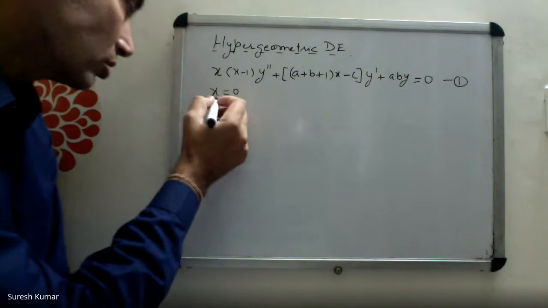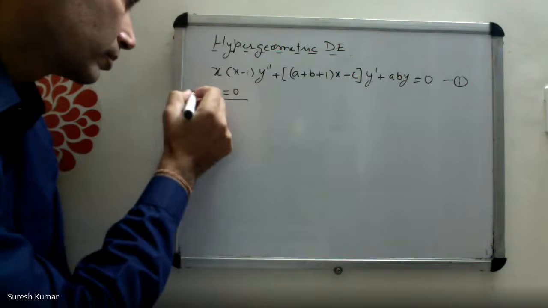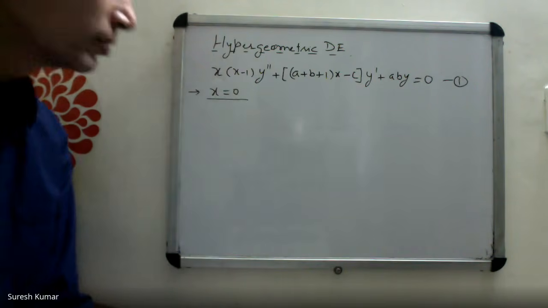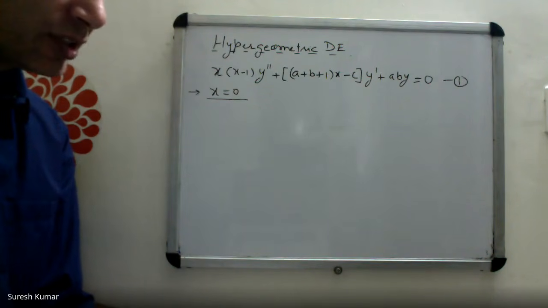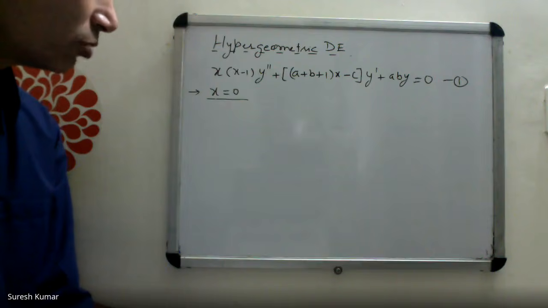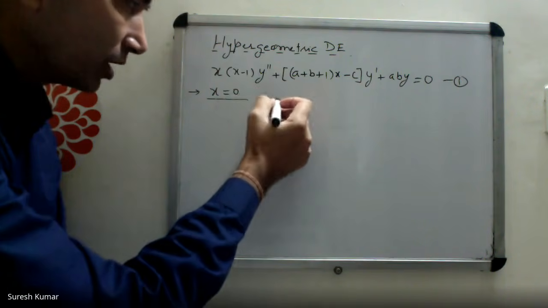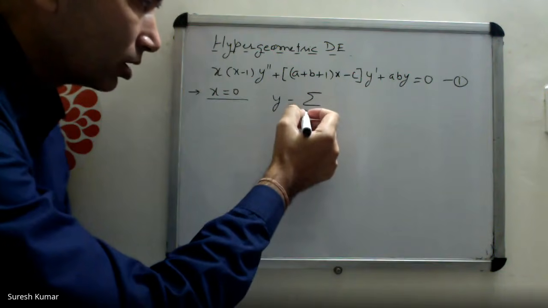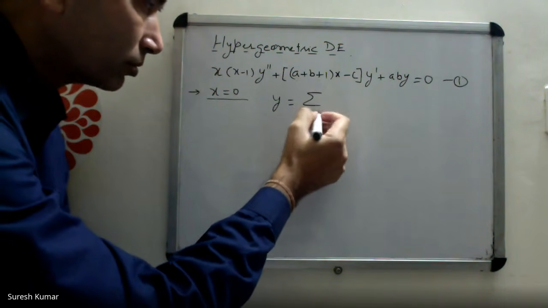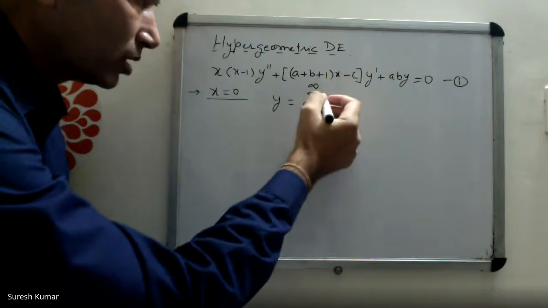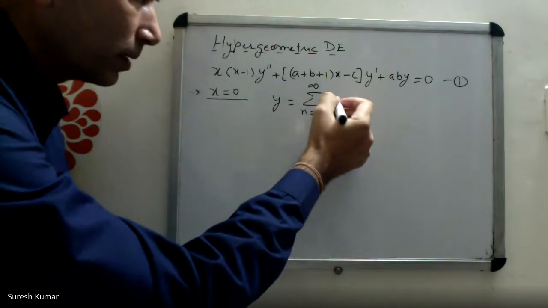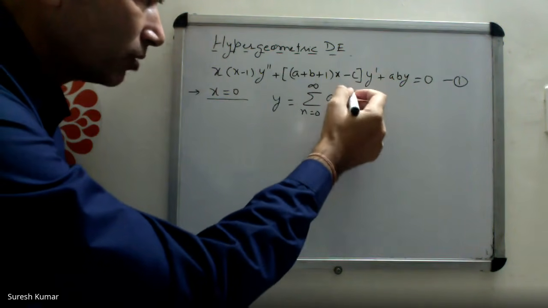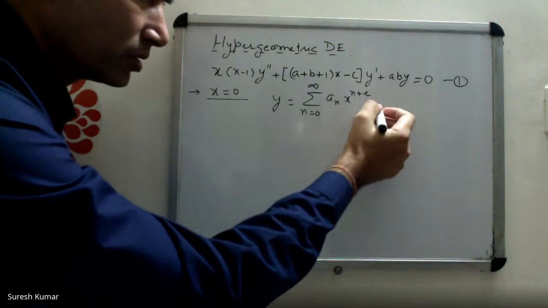So let's focus on the point x equal to 0 first and find its power series solution about this point. Since it is a regular singular point, a power series solution of the form summation n from 0 to infinity a_n x to the power n plus r exists.